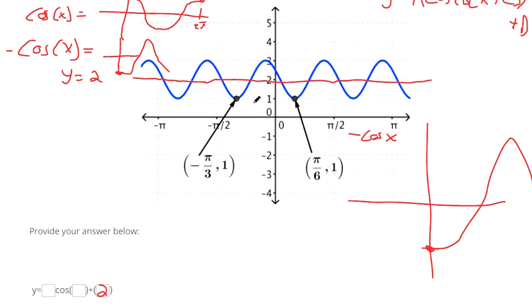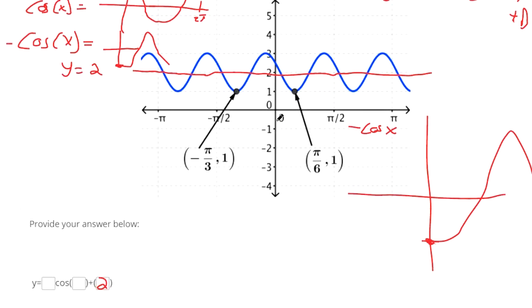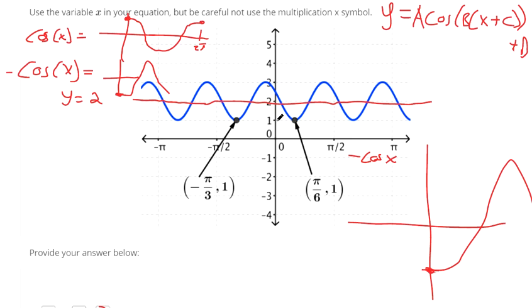You could say it's shifted back pi over 3 units, or you could say it was shifted forward pi over 6 units. They're both going to do the same thing, okay? And Newton should be able to accept either one of those answers. So you could say if we just shift this back pi over 6 units to the left, then the graph looks like this, right? Then it starts at x equals 0. It starts on the y-axis.